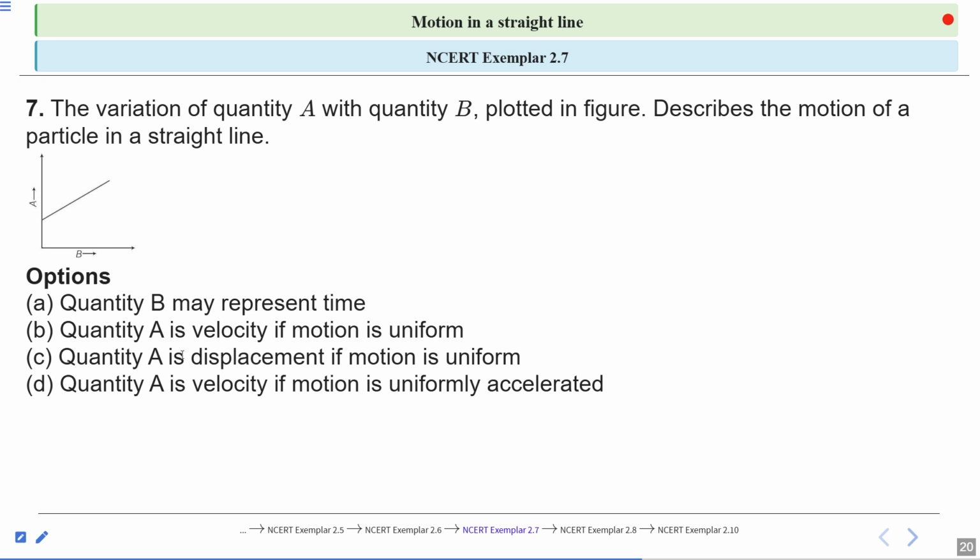C, quantity A is displacement if motion is uniform. D, quantity A is velocity if motion is uniformly accelerated. Which one is the correct answer? Here you have to find out A and B. Think about it.